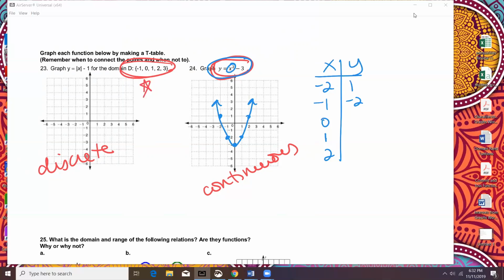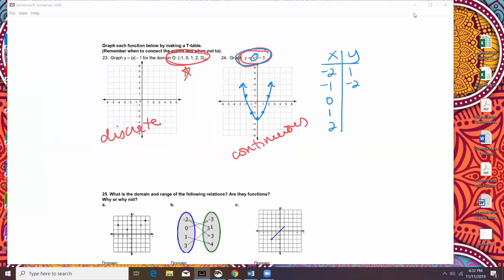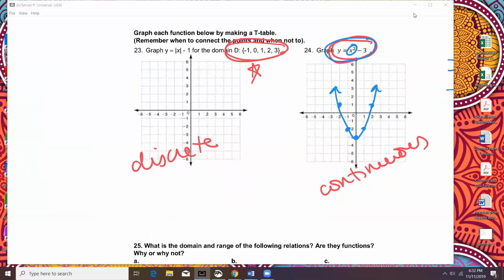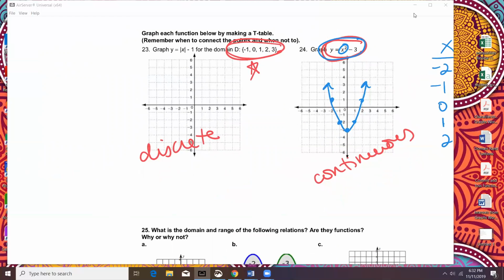I squared it and subtracted 3. And same goes for number 23, but with the domain you're given? Correct, you have to use those.